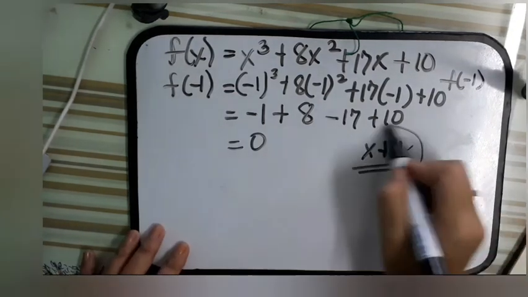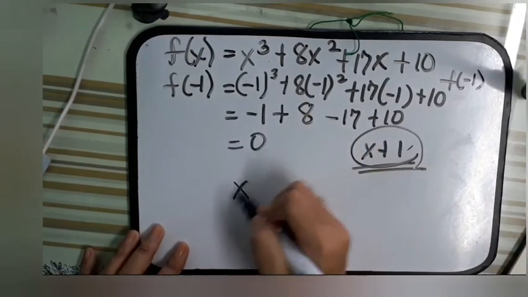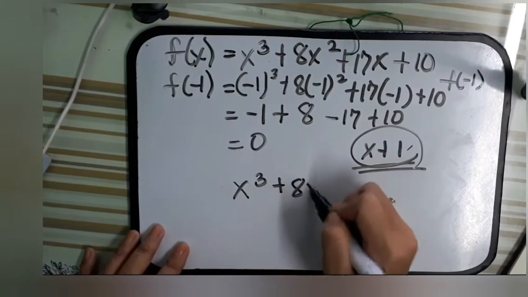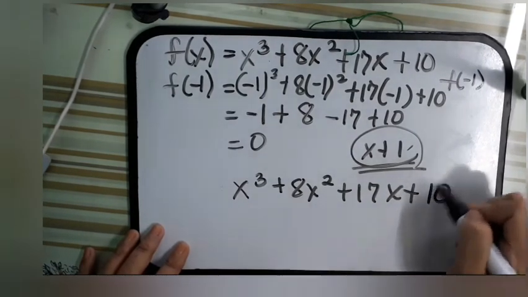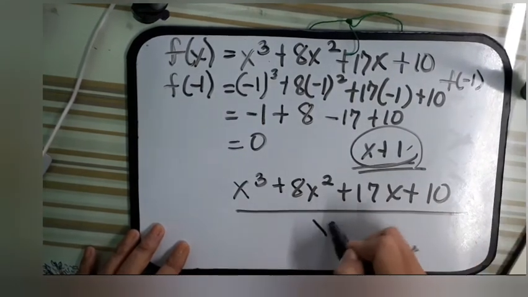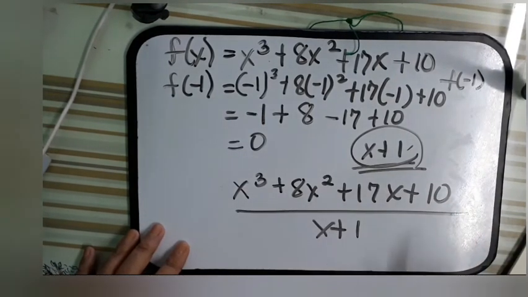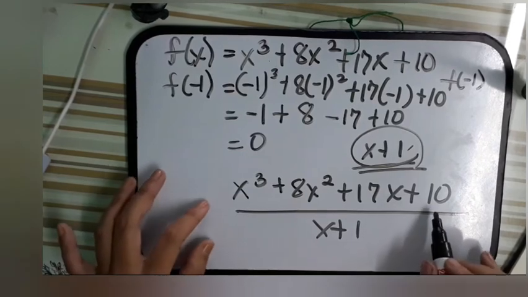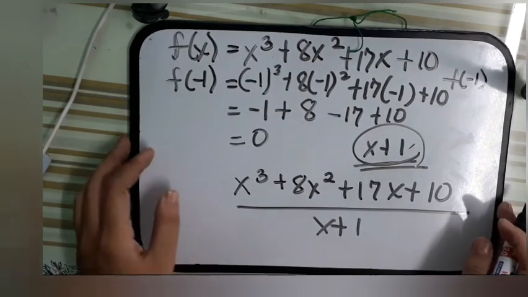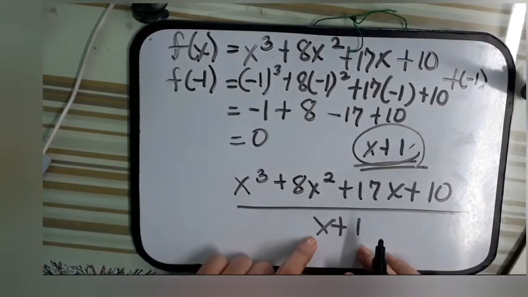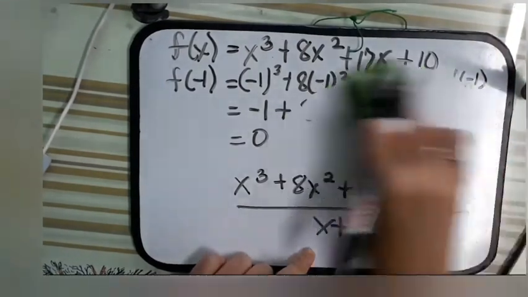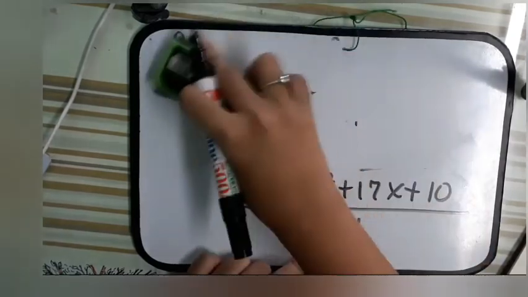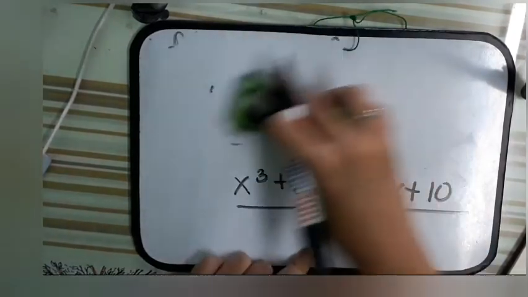Now, after getting the factor, we're going to rewrite the polynomial again: x cubed plus 8x squared plus 17x plus 10. Then we divide it by x plus 1. We have another sheet for this one. After that, I'm going to erase this and we get the first factor.